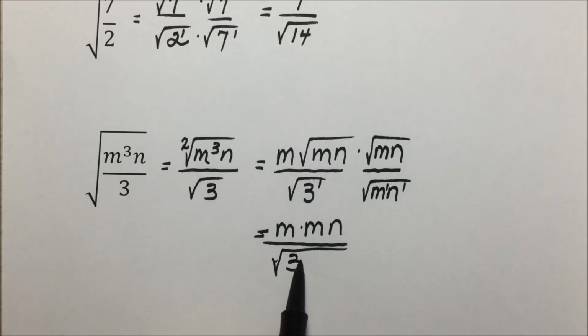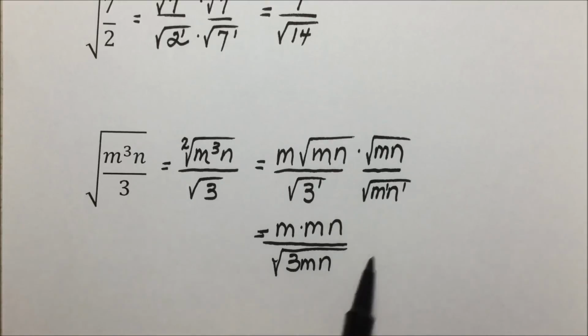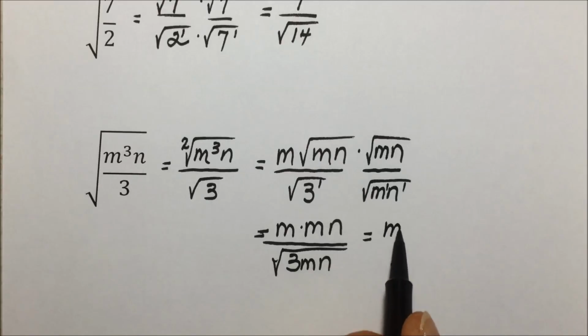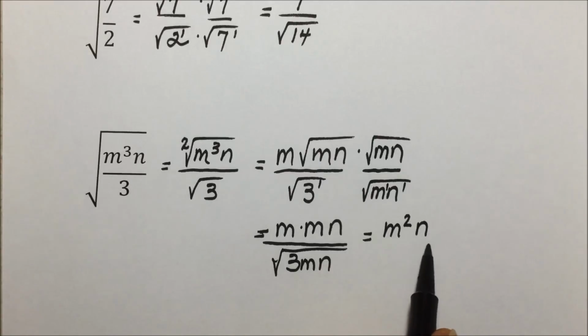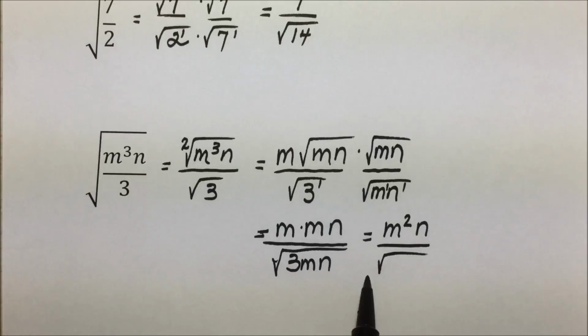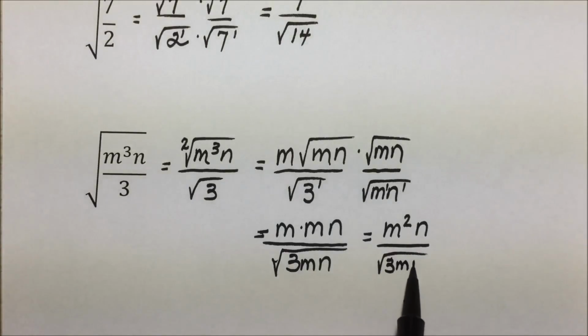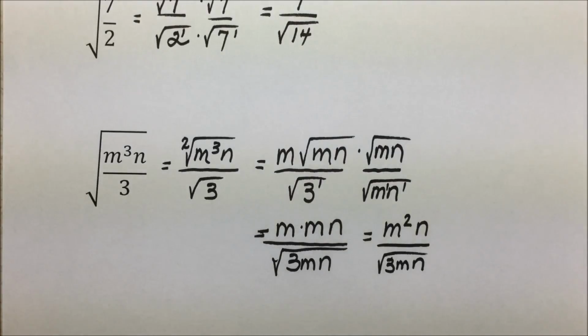There is no higher power than to the first in each one of them. And our final answer, instead of m times m, we could write this as m to the second power n over the square root of 3mn for our simplification and rationalization of the numerator.